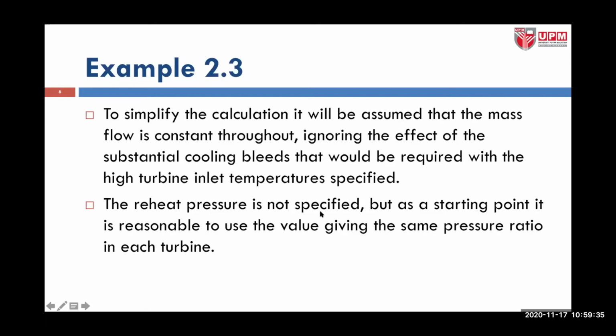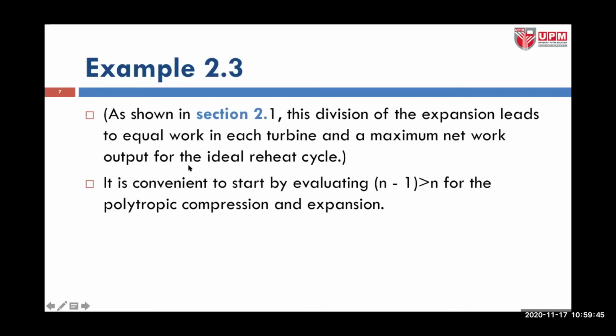The reheat pressure is not specified, but as a starting point, it is reasonable to use the value giving the same pressure ratio in each turbine. As shown in section 2.1, this division of the expansion leads to equal work in both the high pressure turbine and low pressure turbine, and a maximum net work output for the ideal reheat cycle.